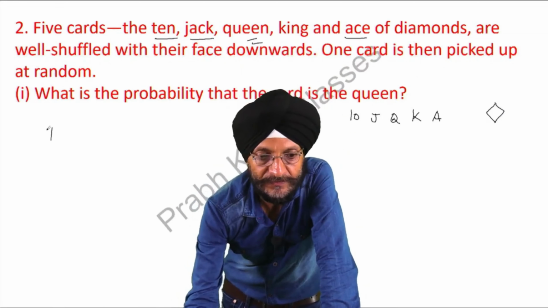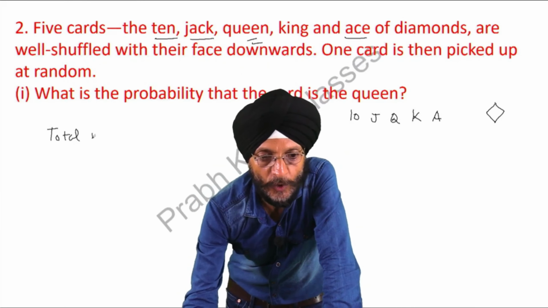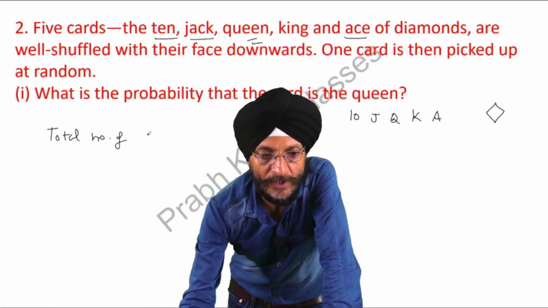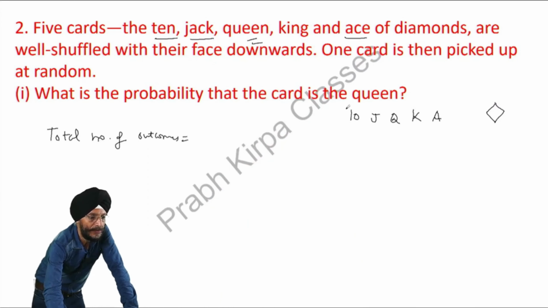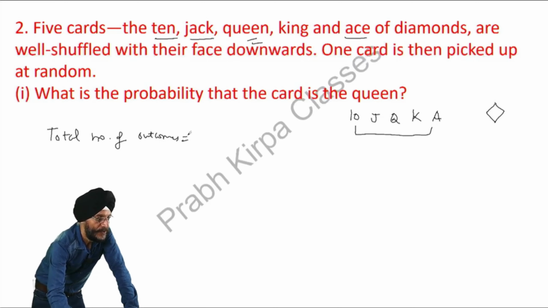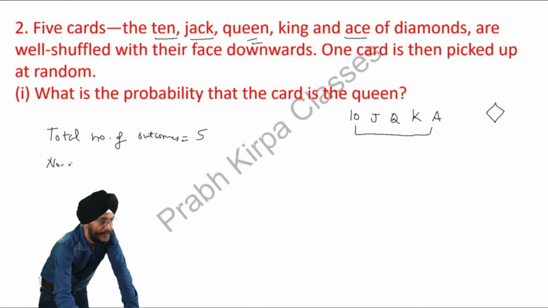So here the total number of possible outcomes means the total number of cards. How many cards are there? 1, 2, 3, 4, 5. Total number of outcomes or total number of cards is 5. Now the next is the number of favorable outcomes.